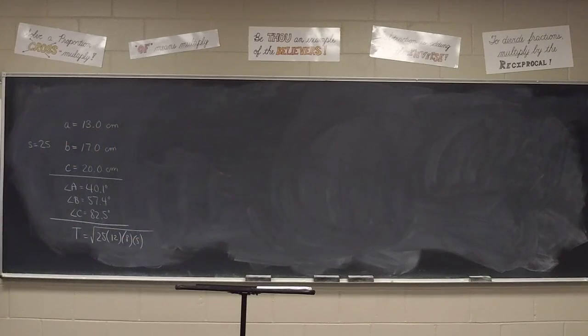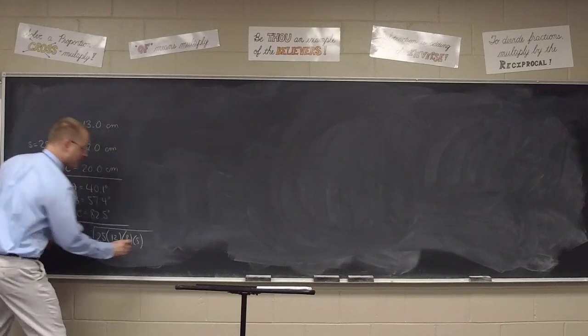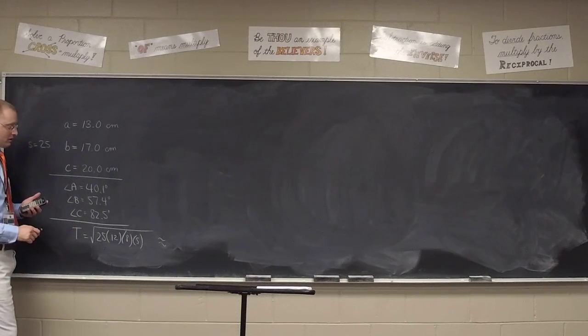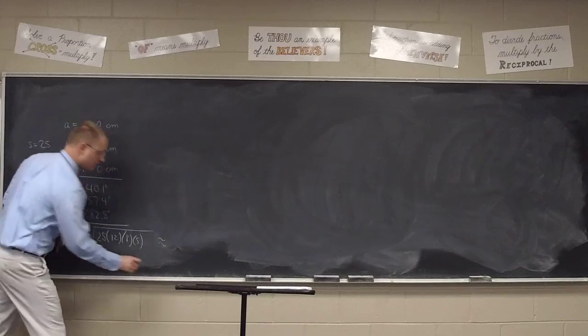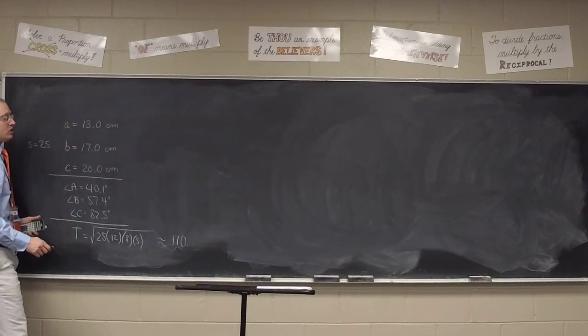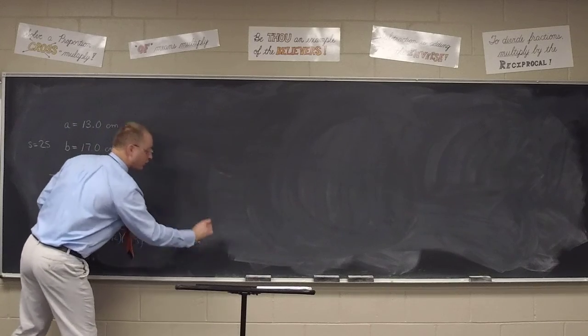And when we multiply all of that out and take the square root, what do we get for the approximate area of our triangle, Jamie? 109.54. Good. Rounded, 110, that's only 2 sig figs. 110 centimeters squared. Did you get that answer also?